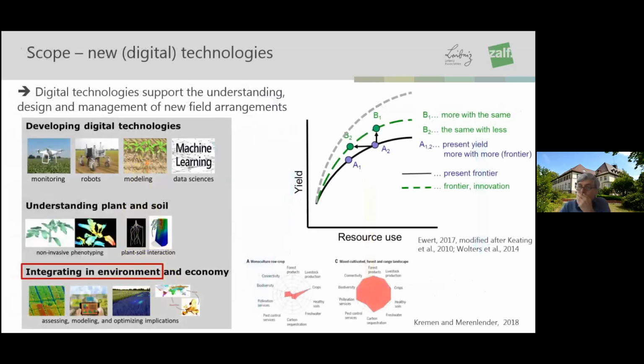Coming back to PhenoRob, we think that if we really want to make that link to the level of ecosystem services and biodiversity, and assess those in the context of sustainable crop production systems, there is also a possibility and opportunity to include this landscape level and the concept of field arrangements, in order to have that link considered in our cluster.